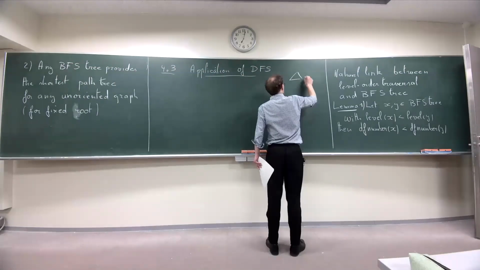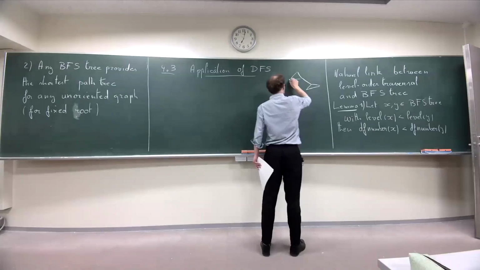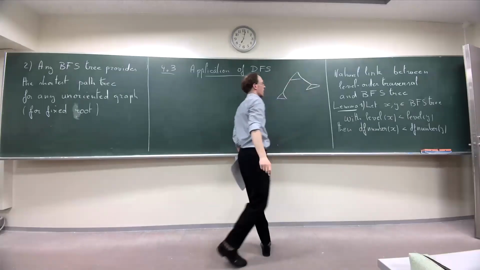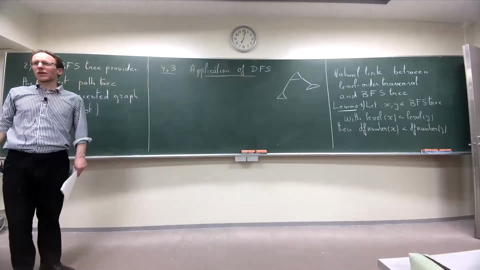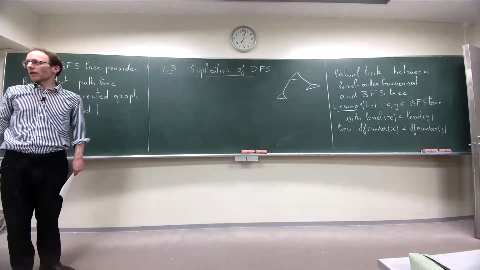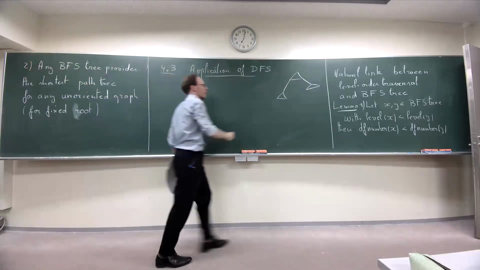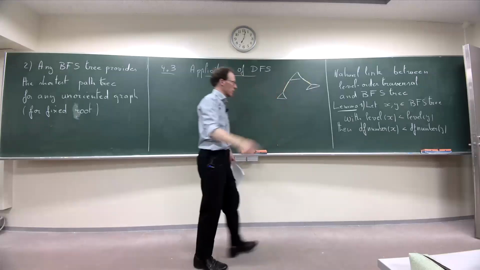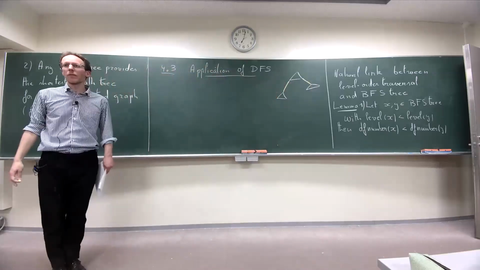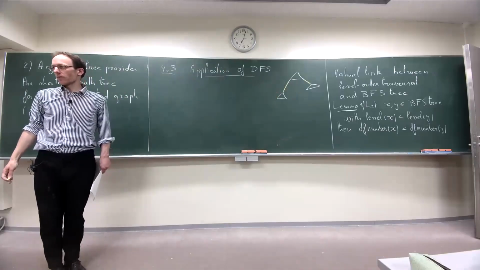Suppose you have a graph. I do it explicitly like this. Suppose we have a graph like this. There are a few places which are quite special, a few edges which are quite special. This one and this one are quite special, and they're going to have a name, because if we cut them, we get a disconnected graph.